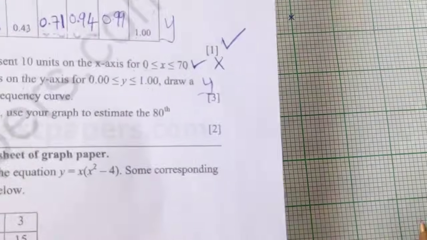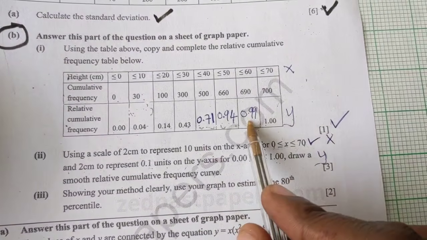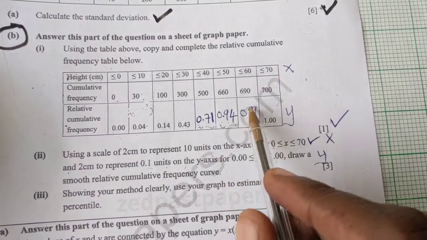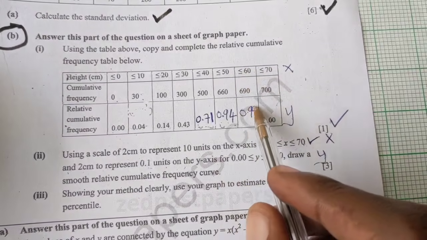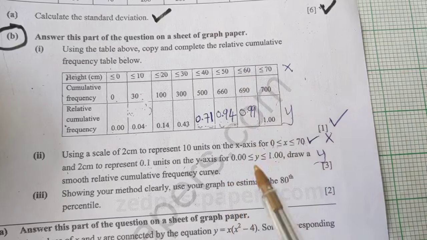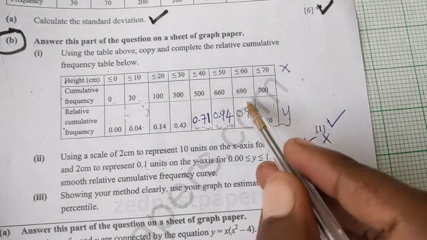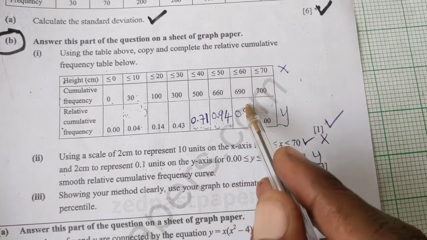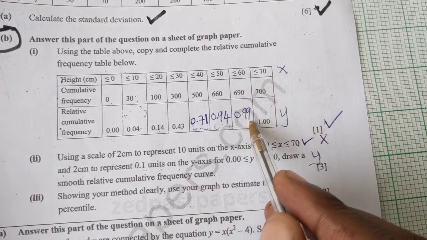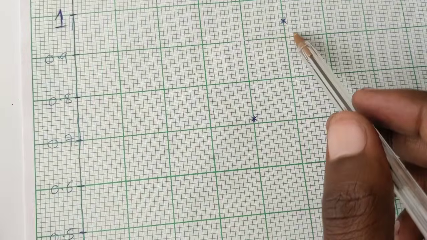Then the other one, it is right here, 0.99. So 60, 0.99. So 60, 0.9. So 0.9 is actually here.